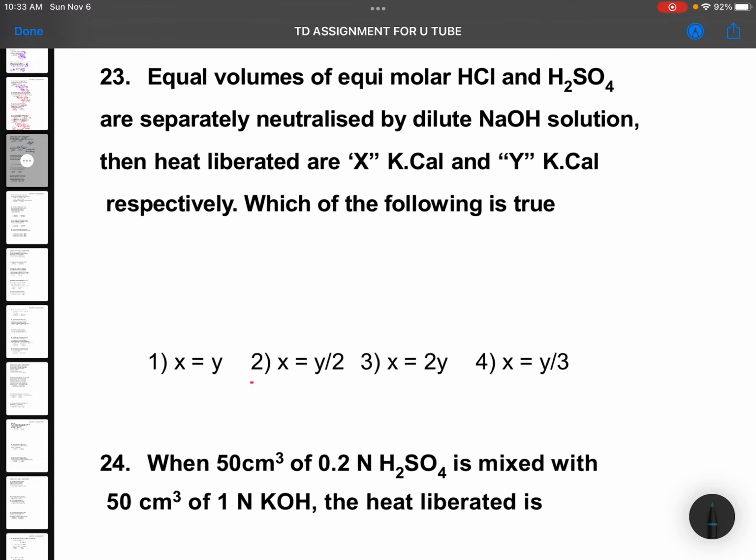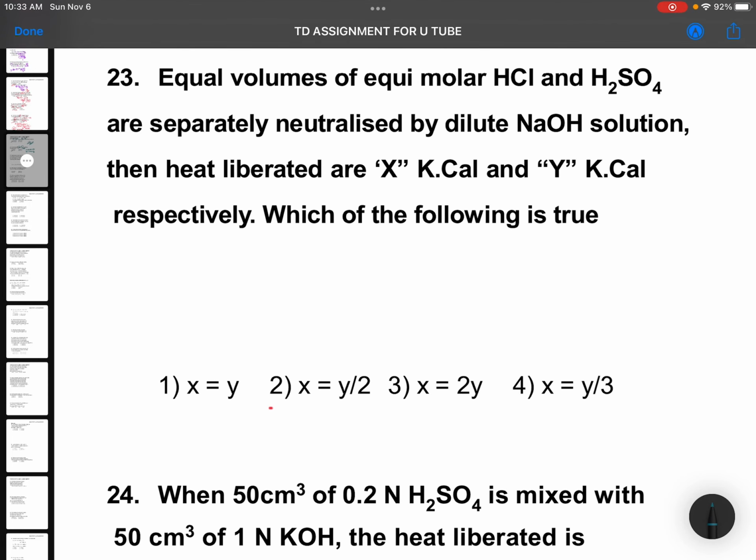Equal volumes of equimolar HCl and H2SO4 are separately neutralized by dilute NaOH solution. Then heat liberated are X and Y. Which of the following is true? HCl with NaOH gives 1 water molecule. And he is saying equimolar means 1 molar.